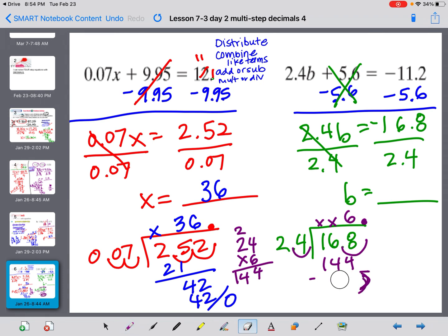I should have gone bigger. Like maybe a 7? Didn't see that one coming. Oh, look at that. Anything I'm missing? Did you say a negative?